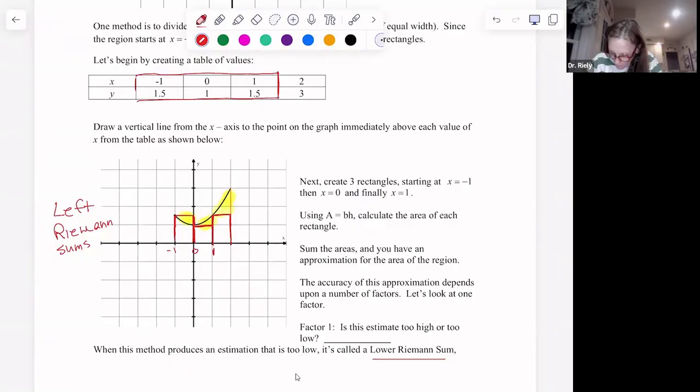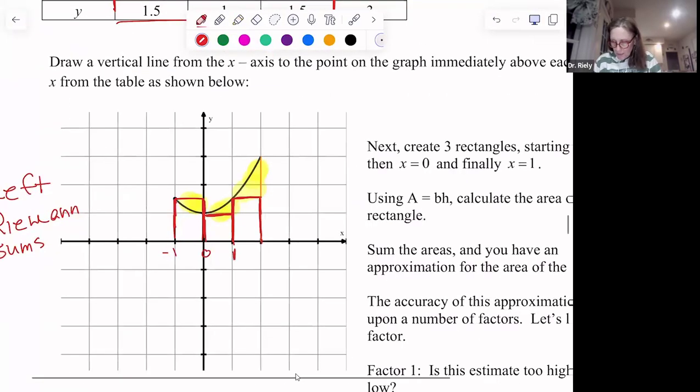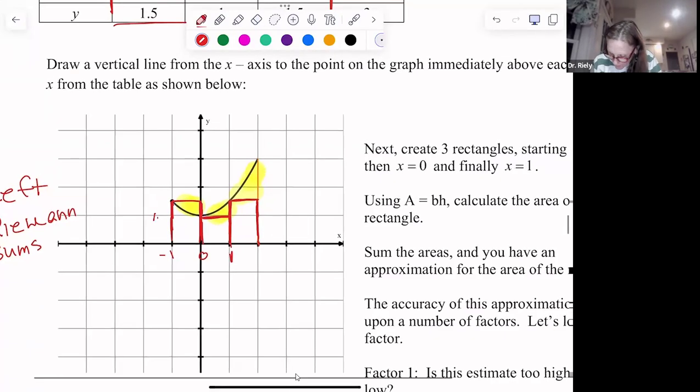To get the area of this first rectangle, the height is going to be 1.5. So this height is 1.5. All my widths will be exactly the same. They will be 1. So that first rectangle will be 1.5 times 1.